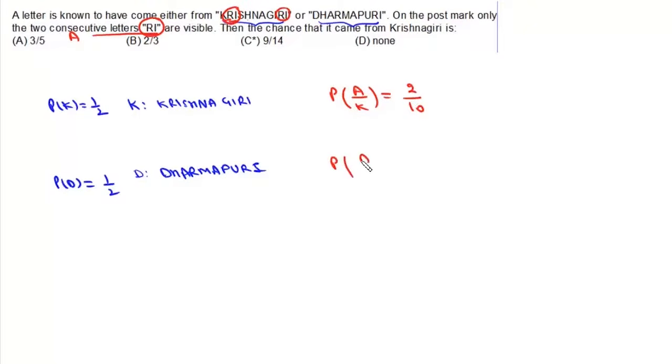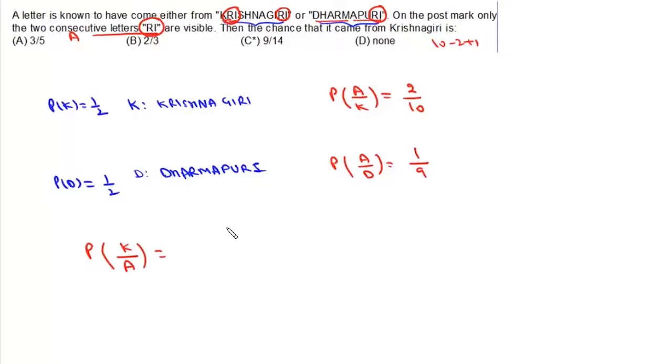Then the same way, if we look at RI in Dharmapuri. Now here we have 10 letters. So here it will be 10 minus 2 plus 1, which is 9. And from these 9, the favorable condition is only 1. So it will be 1 by 9. Now it's a Bayes theorem question: if the letters RI are visible, then it has come from Krishnagiri.